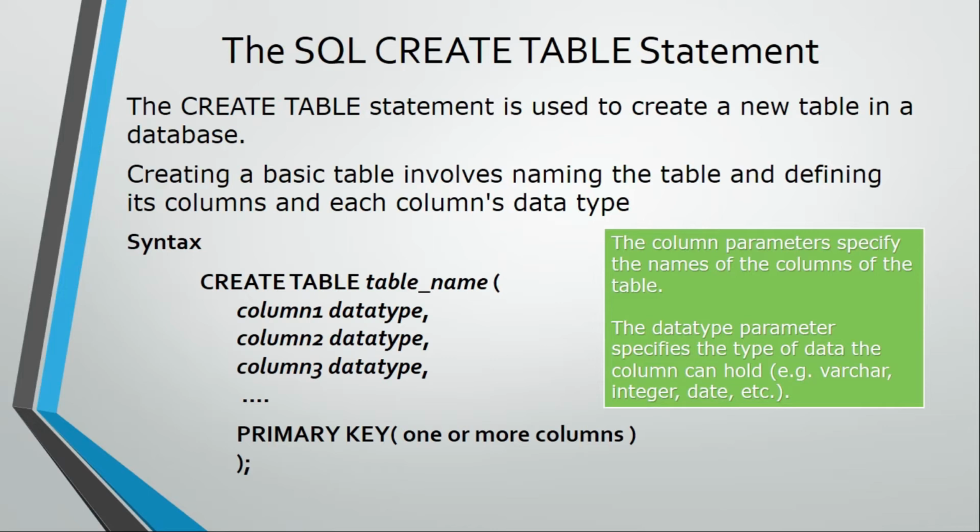If you want to mention any constraints, you can give the constraints at column level or at table level. We will discuss defining constraints at column level and table level in detail in another video. The column parameters specify the columns of the table. The data type parameter specifies the type of data the column can hold. For example, you can have varchar, integer, date, whatever type you want in your column, you can give that type in the column definition.